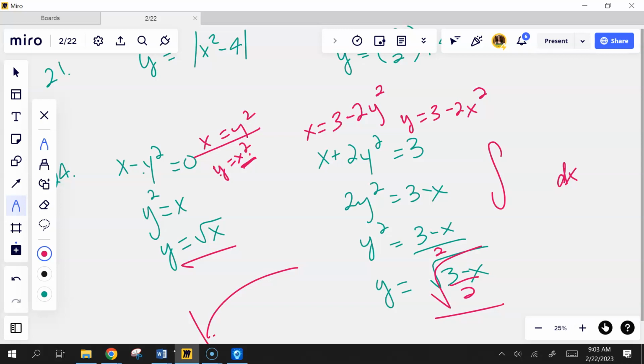Well, since you solved it for y, no. If you solved it for x and then you graphed, then you would do, because this would be the integral. It was -1, 1. Is that right? This would be the integral of 3 minus 2y squared minus y squared dy. And it would be the same thing.